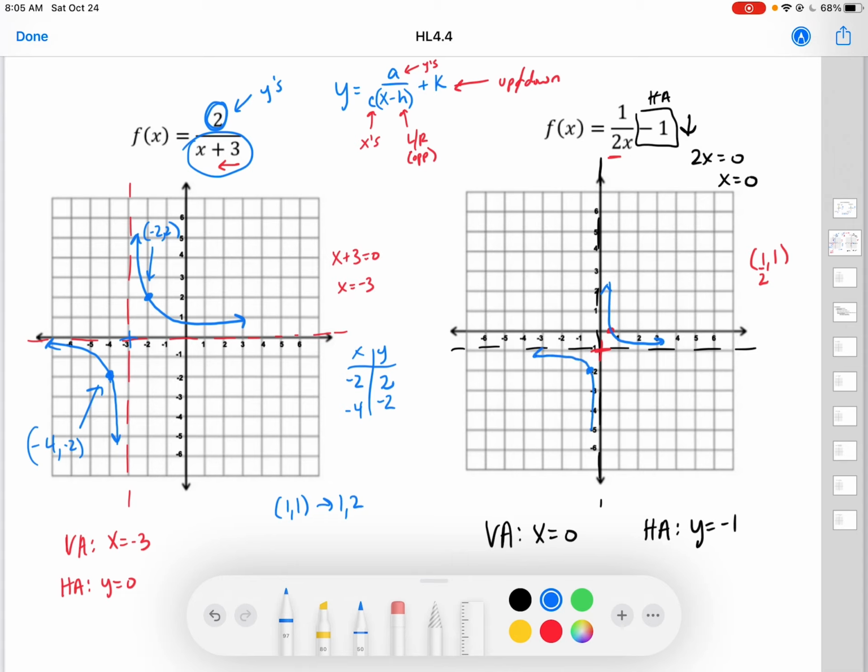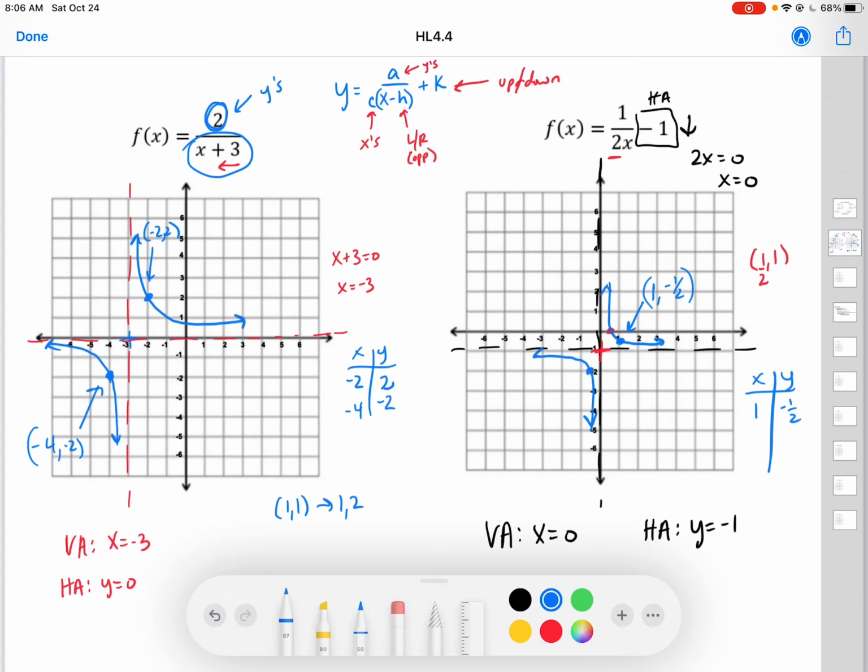and draw my arrows. Now, if you're not a key point person, you want to use a table, great. Just like I said, pick one number to the left or right, so I might pick 1. And then I'll get a different coordinate than the one I plotted, but you'll still have the same rough curve. So if I put in 1, you have 1/2 minus 1, which is -1/2. So I'd go to the coordinate 1, -1/2 right here, and I'd plot that.